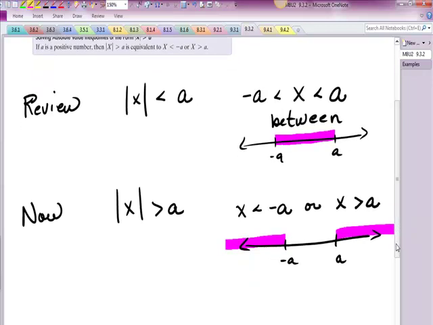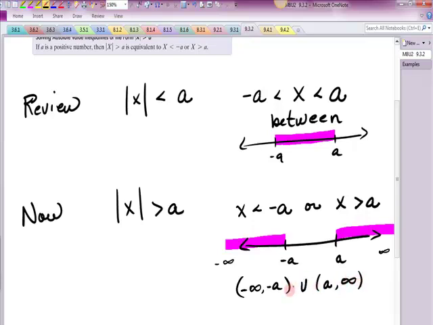So we will be looking at, in intervals, this is negative infinity, this is positive infinity. So this has two intervals. It is negative infinity to negative a, union with a to positive infinity.